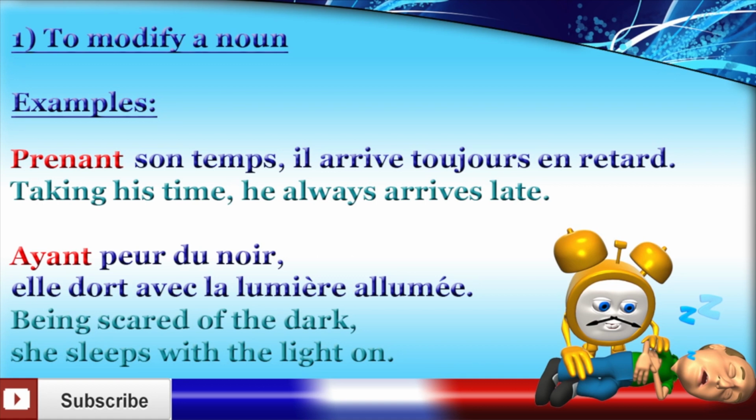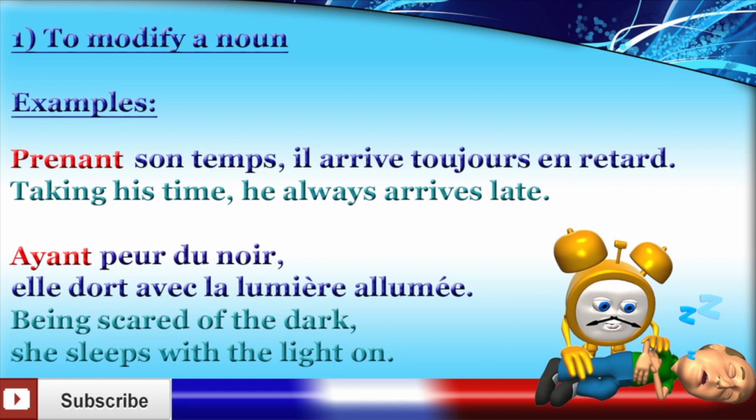He always arrives late. Prenant son temps, il arrive toujours en retard. So as you can see, we've used the present participle of the verb prendre, that is prenant, in front of the noun temps. So prenant modifies son temps.